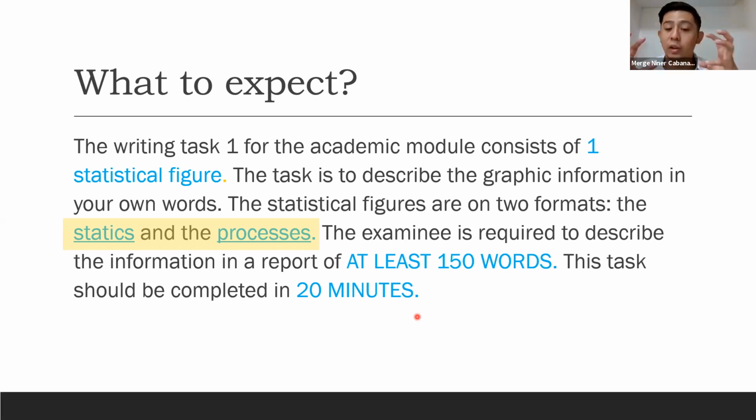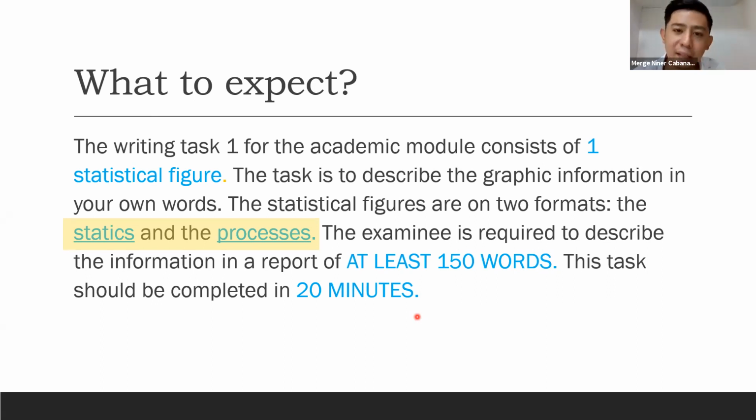You cannot do a 30-30 approach here. Why? Because task 2 requires you to write 250 words, whereas in task 1, you will be writing 150 words. So you are going to spend more time on the task which requires you to write more words, and that is your task 2.